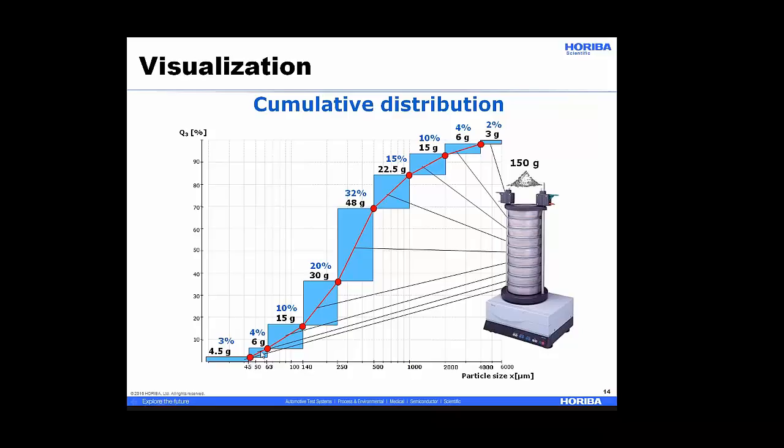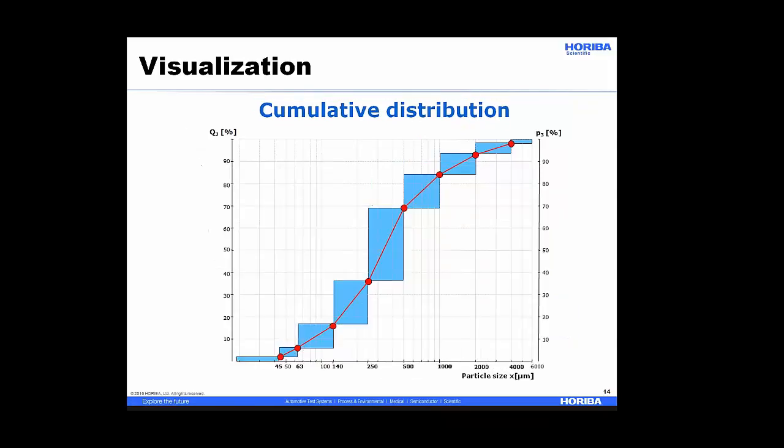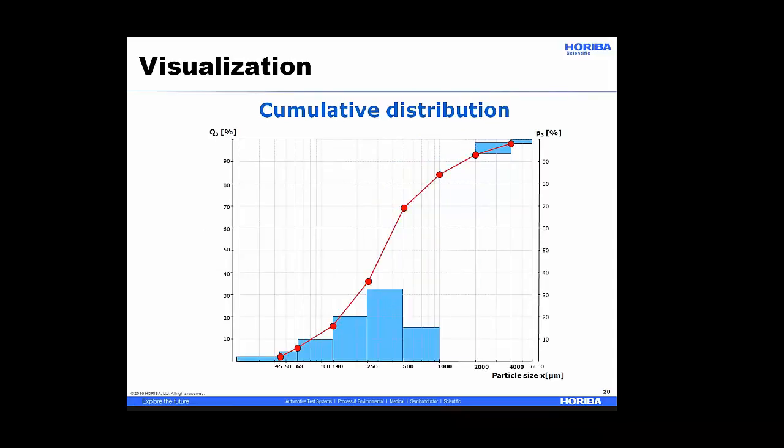I can then start to add these up in order to find the cumulative size distribution. The next is, how do I find the differential size distribution, or the peaks that some people like to use? By taking the mass of material in each pan and dropping it to the bottom of the graph, I can say how much material is in each pan.